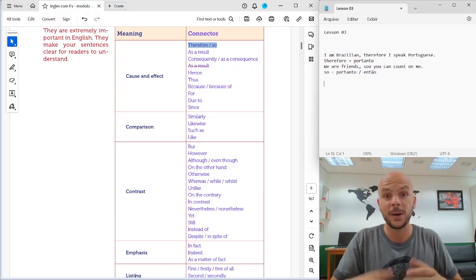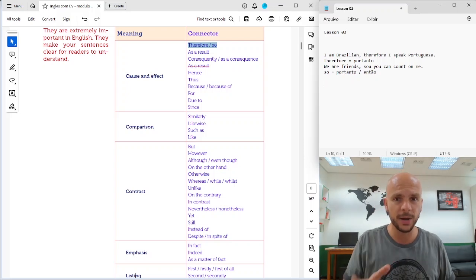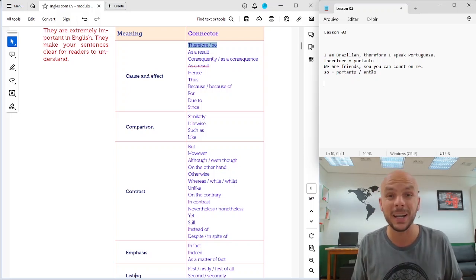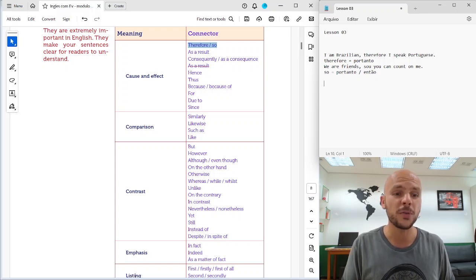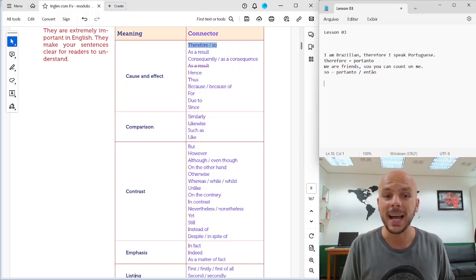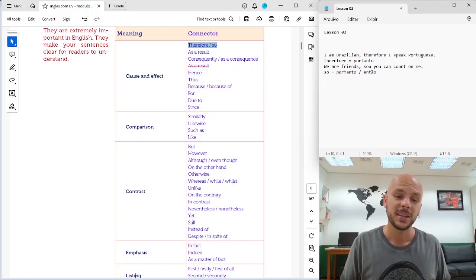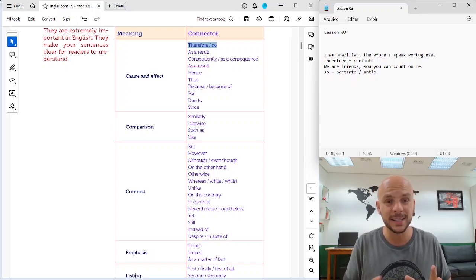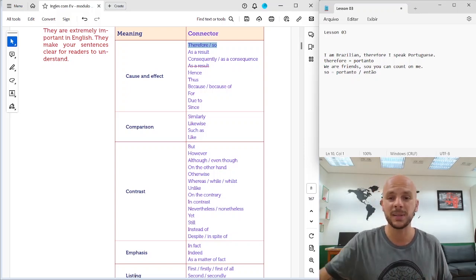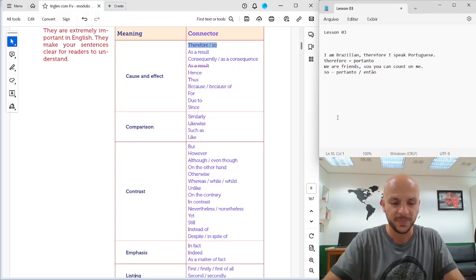That's how I like to memorize connectors, and it helped me a lot when I was studying them. So there are a lot of connectors of cause and effect. As a result, consequently, hence, thus, because, and because of, for, due to. I like translating them because it helps me. Like thus.